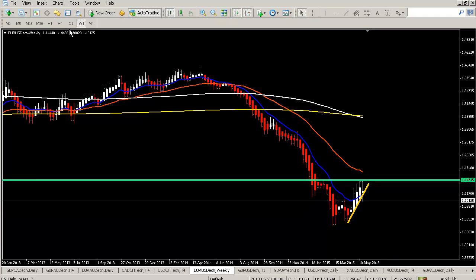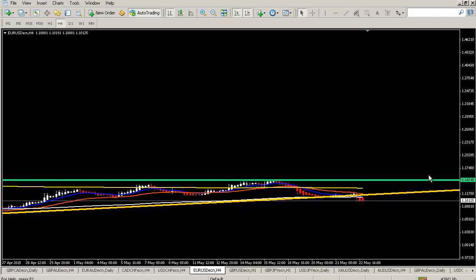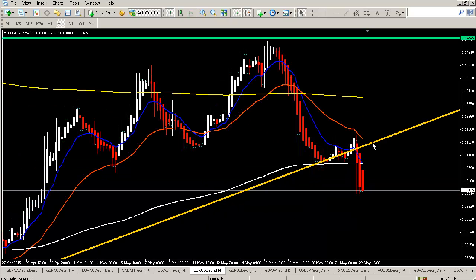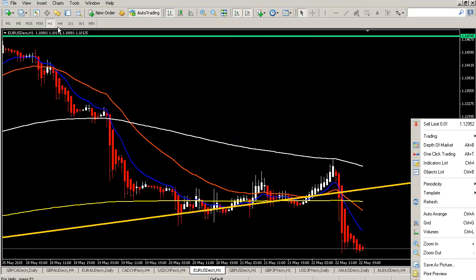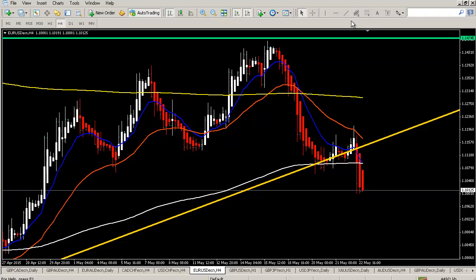This could be powerful, and therefore you want to check it out. We already have a 4-hourly break, but let's see what happens at Asian and later on in London Open. If we get new 1, 2, 3s below those lines, we have to trade shorts. Yeah, we want to make sure we get some nice short trades here.